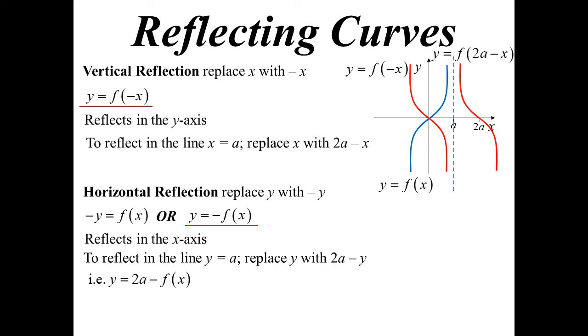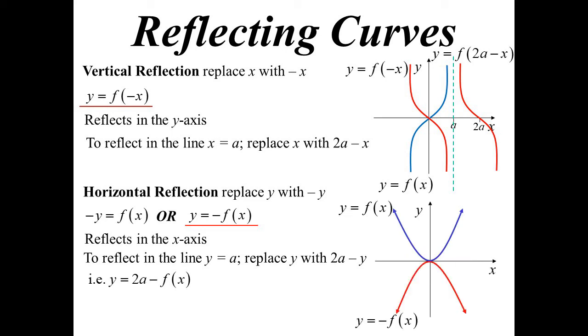Similar idea, if you wanted to reflect in a different horizontal line, replace y with 2a minus y. Let's have a picture of that. There's f(x), y equals minus f(x), reflect it. Now I'll shift it up 2a units. Again, I'll just dot in a, and you can see that effectively I've just reflected in the line y equals a.